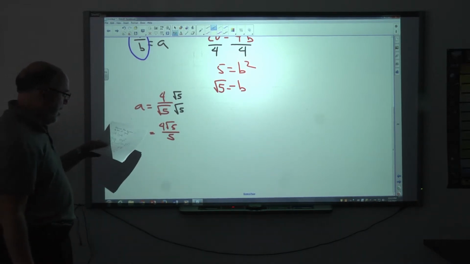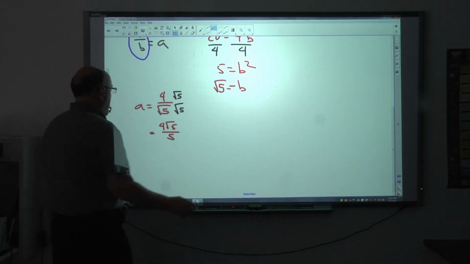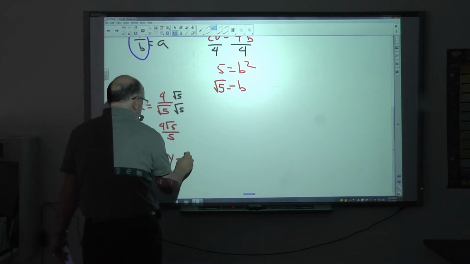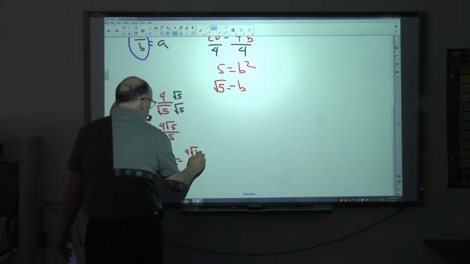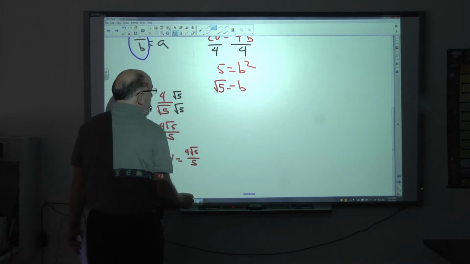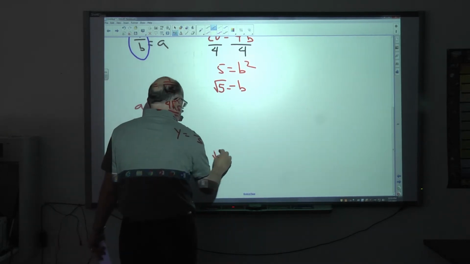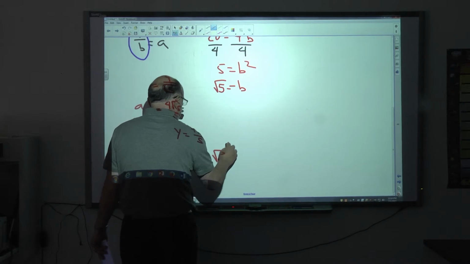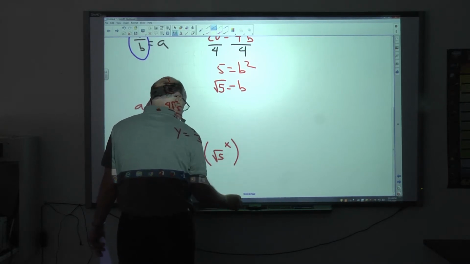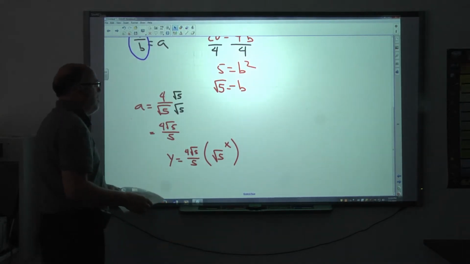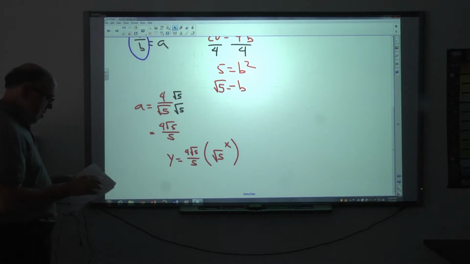Now we can write our equation out, and y is going to be 4 square root of 5 over 5 times the square root of 5 to the, that would be the equation that goes with those 2 points.